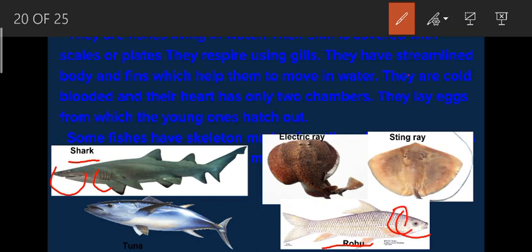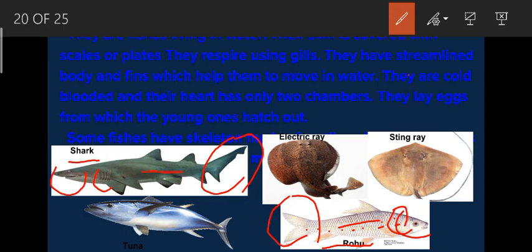Then unpaired fins are present, and here paired fins are present in the bony fishes. Then the tail is heterocercal, and here the tail is homocercal. Now as they are present in water, so they have scales or plates for the protection. Then they have lateral line sense organs. Can you see this? We have lateral line sense organs.